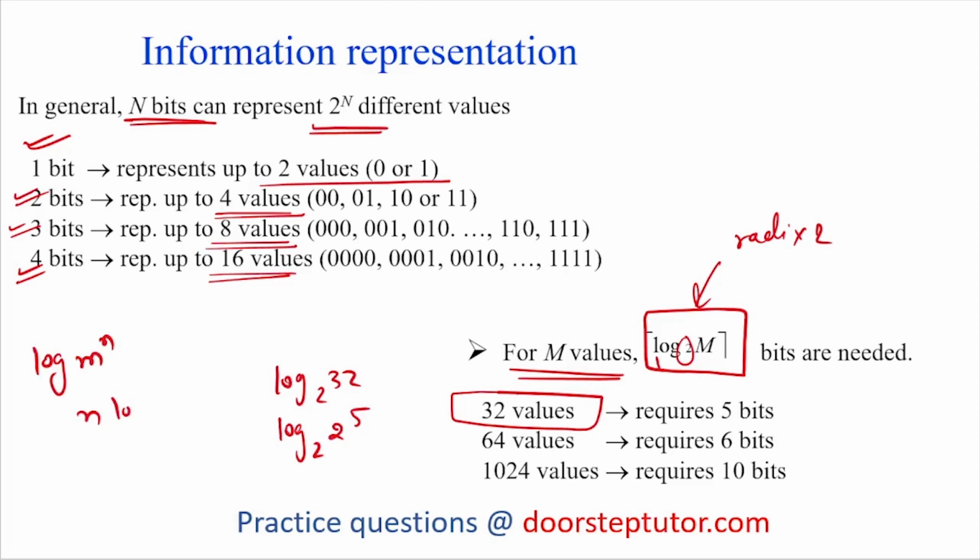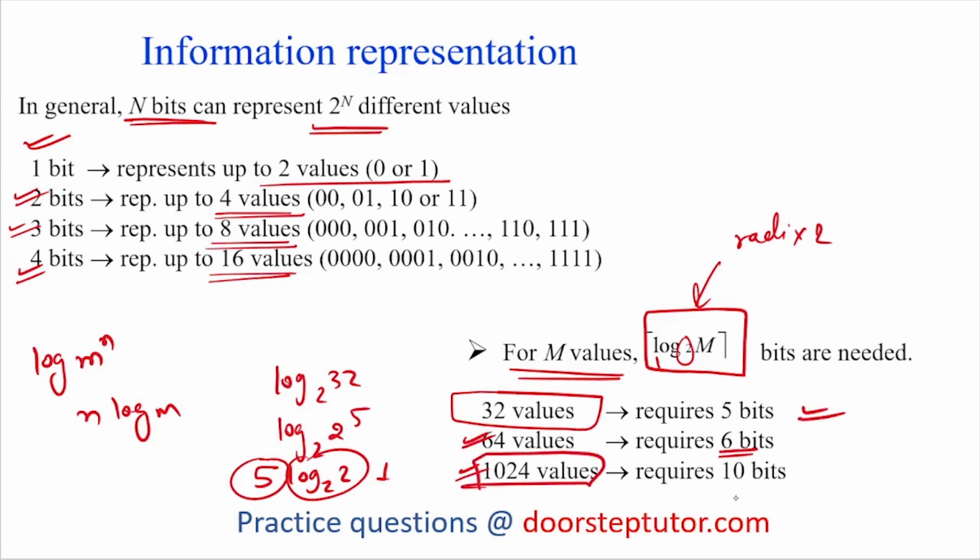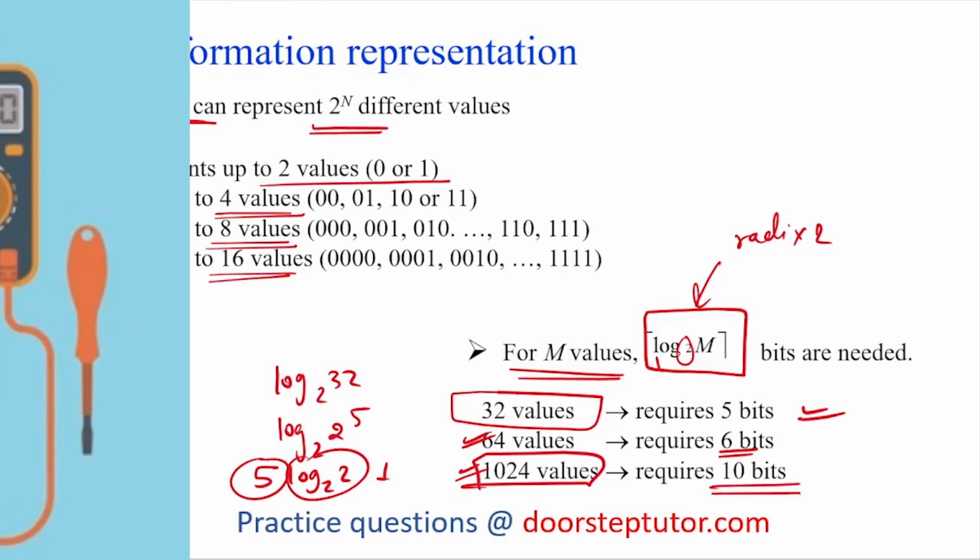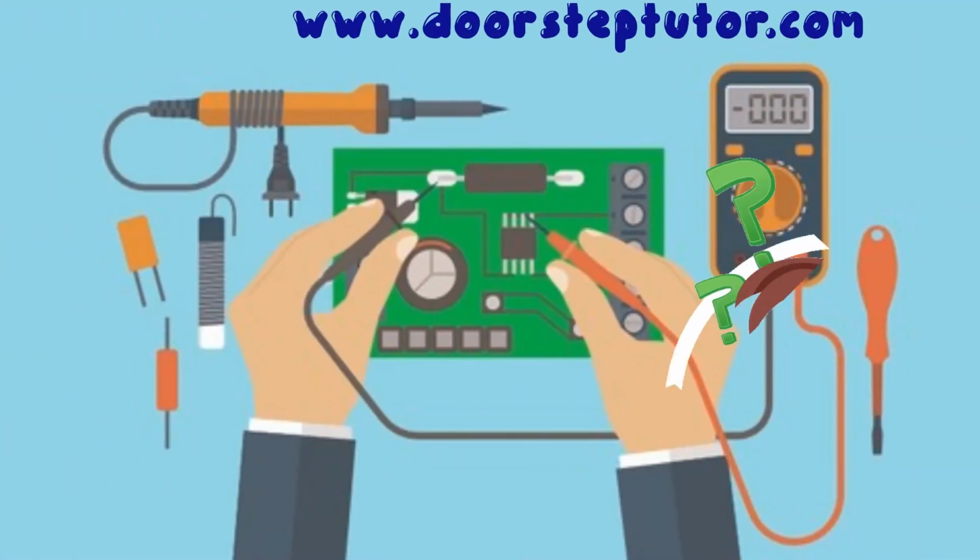So this will be 5 log base 2 of 2, which equals 5, since log base 2 of 2 is 1. So we need only 5 bits. Similarly, for 64 values we need 6 bits, and if we want to represent values as large as 1024, then we need 10 bits.